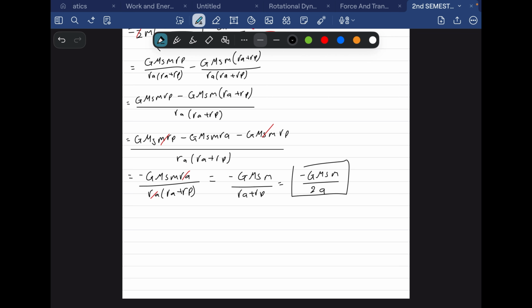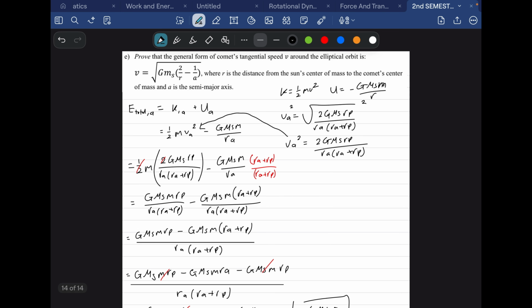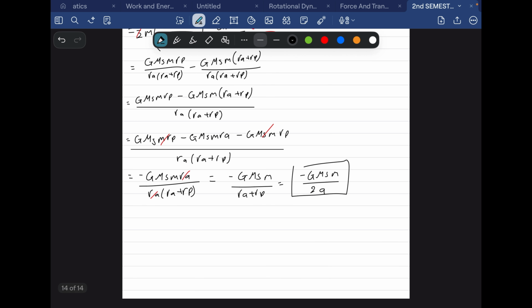And then we need to find V, the elliptical speed. So I'll rewrite the E total equation. In this case, K plus U is equal to E total of an ellipse, and that is equal to whatever we found, right? To this.